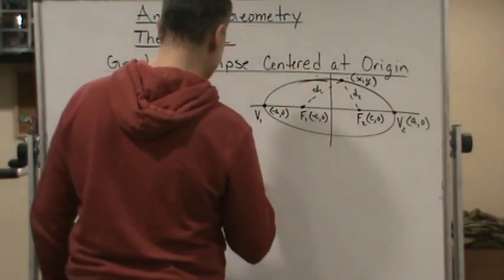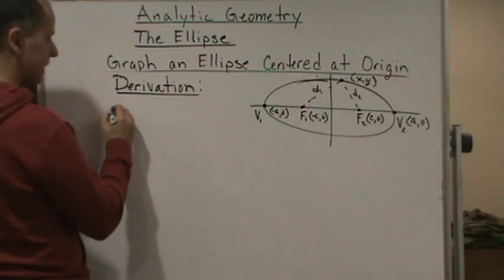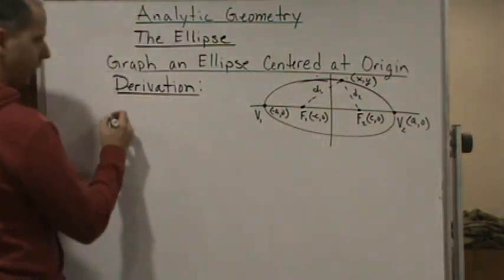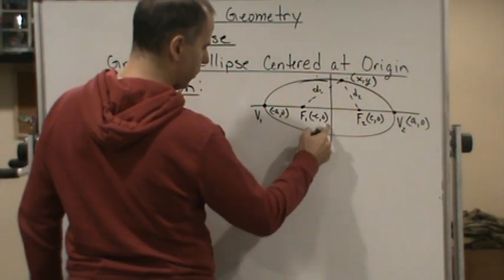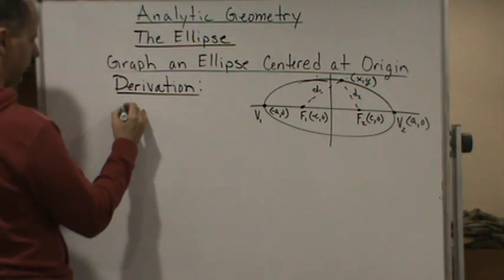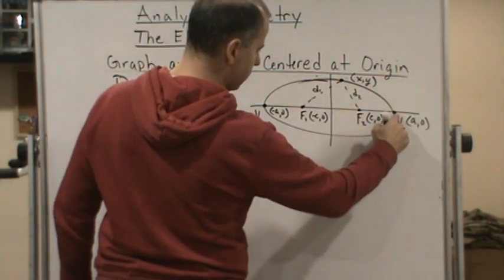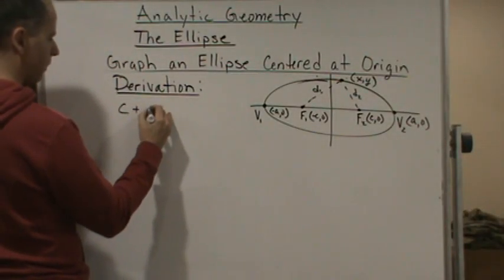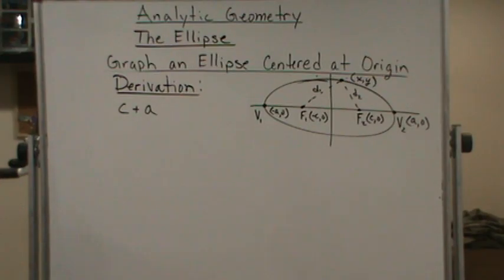So if we take the distance from f1 to v2, the distance from f1 to the origin is c, and then the distance from the origin to the vertex is a. So the distance from f1 to v2 is c plus a.